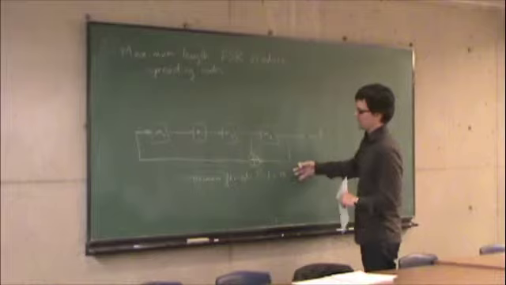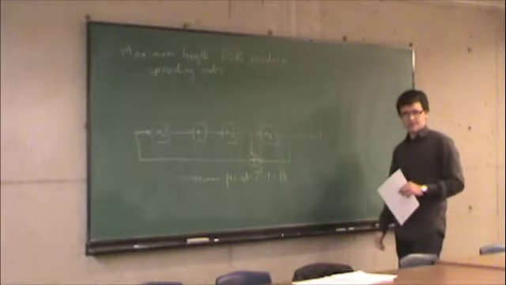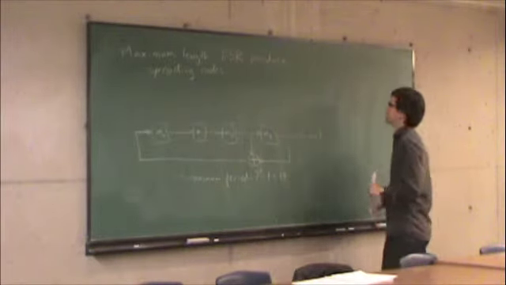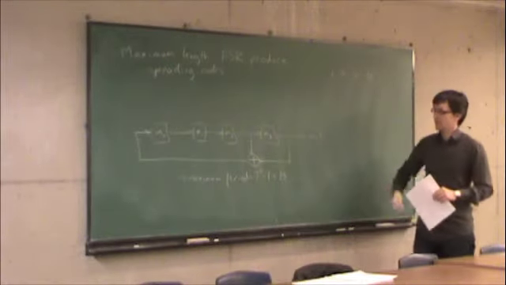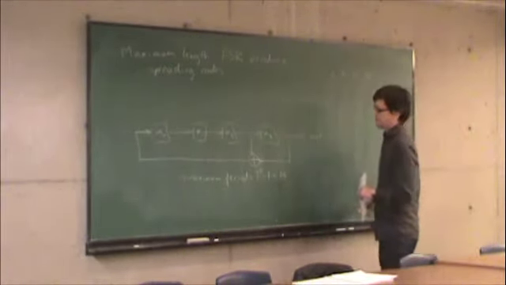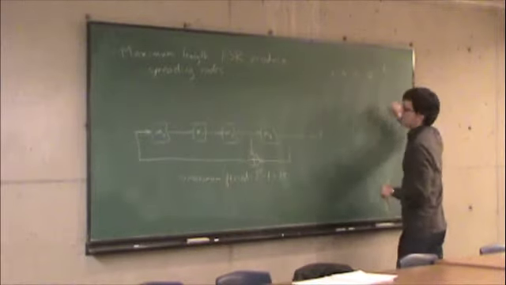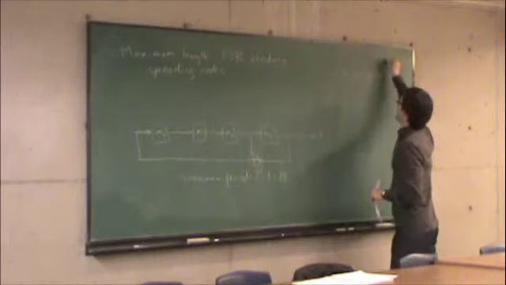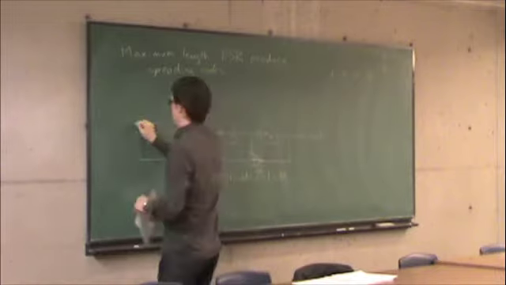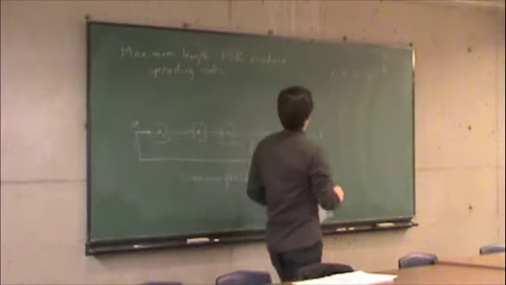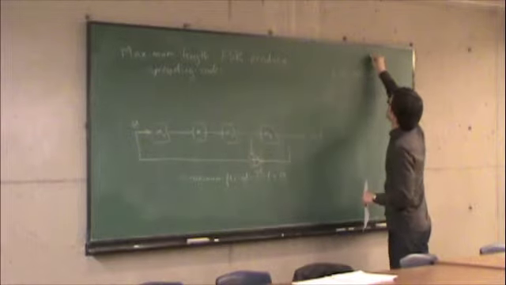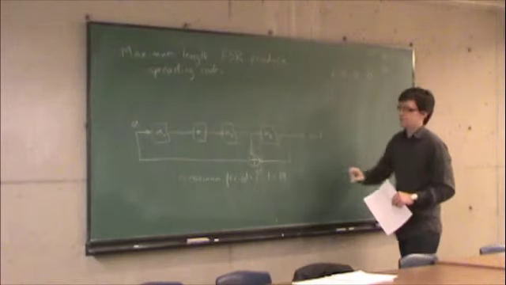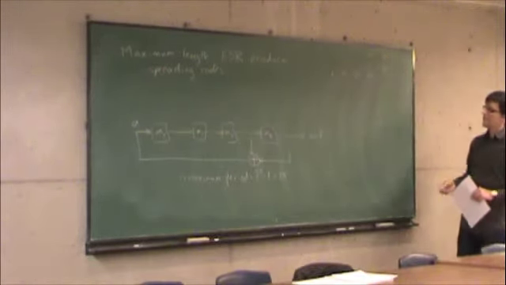Because if that's true, then it must have gone through all of the non-zero states in order to get back to the original one. So let's start with this one, reading from the left to the right. And here I want A, which I'm going to call the feed into the next state. And I can read the output directly from here because it's the same as the contents of this shift register.